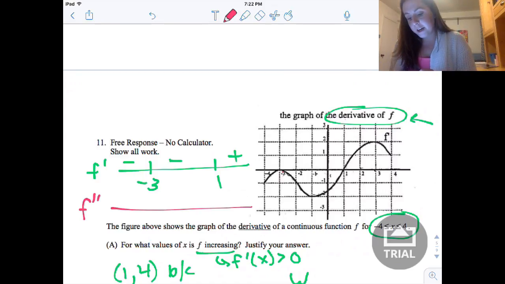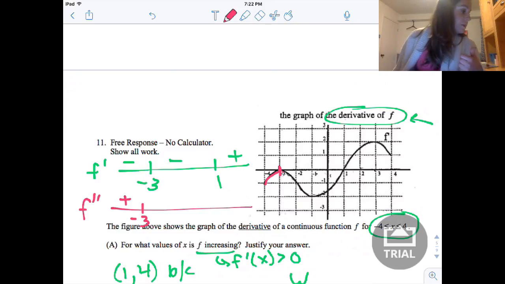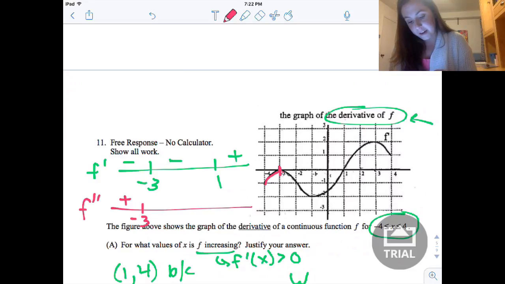From -4 to -3, I see that it's increasing. So I'm going to put a mark at -3, and I'm going to put positive because my slope is increasing. Okay. From -3 to -1, the slope is negative. So this would go to -1. Slope is negative.